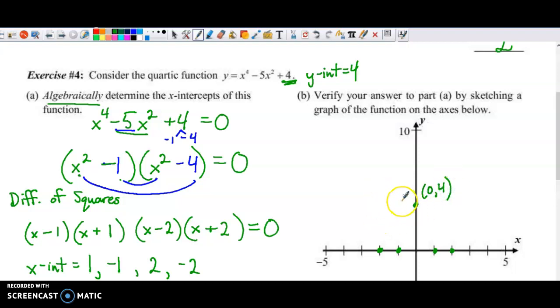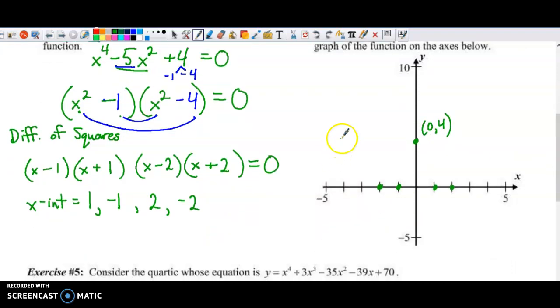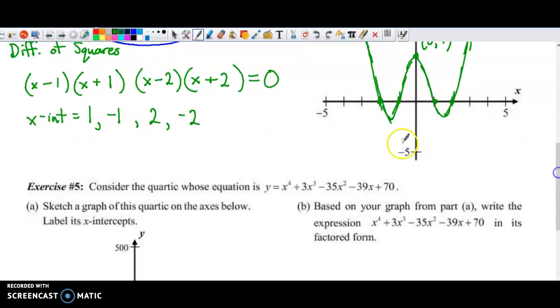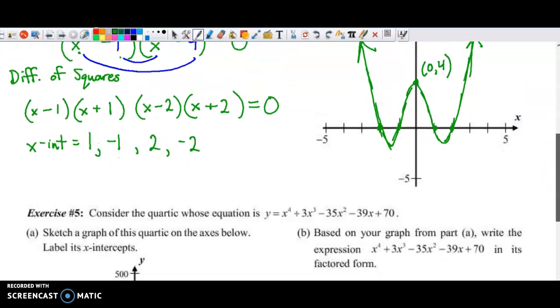So as I connect these dots, it's going to go up like this, back down, and then back up. And we can verify with the graphing calculator, but for the sake of time, I'm going to leave that for you to explore. And I don't know how far down this goes. My graph might not be all that accurate.